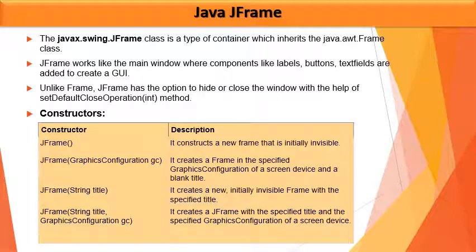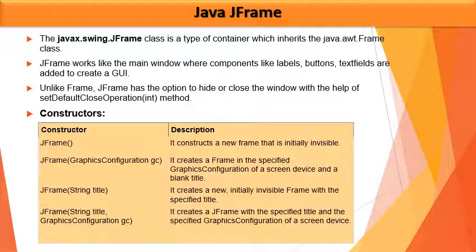Let us see the first component, that is JFrame. The JFrame is a type of container which will inherit the java.awt.Frame class. So the javax.swing.JFrame class is a type of container which will inherit the java.awt.Frame class.